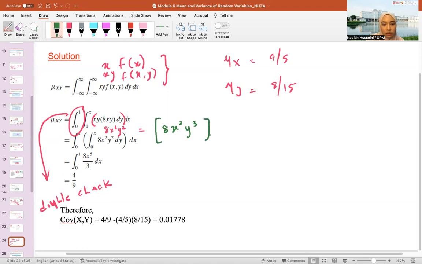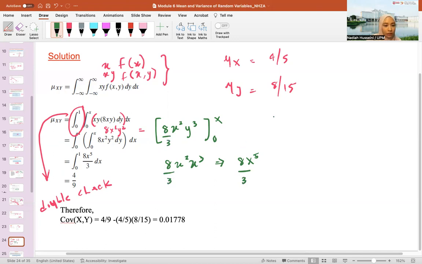Now it is 0 to x. This is the boundary, so I'm going to plug in 8x squared, x cubed. 0 just becomes 0. So now we have 8x to the 5. Oh, sorry, I missed out the 3. 3 over 3.